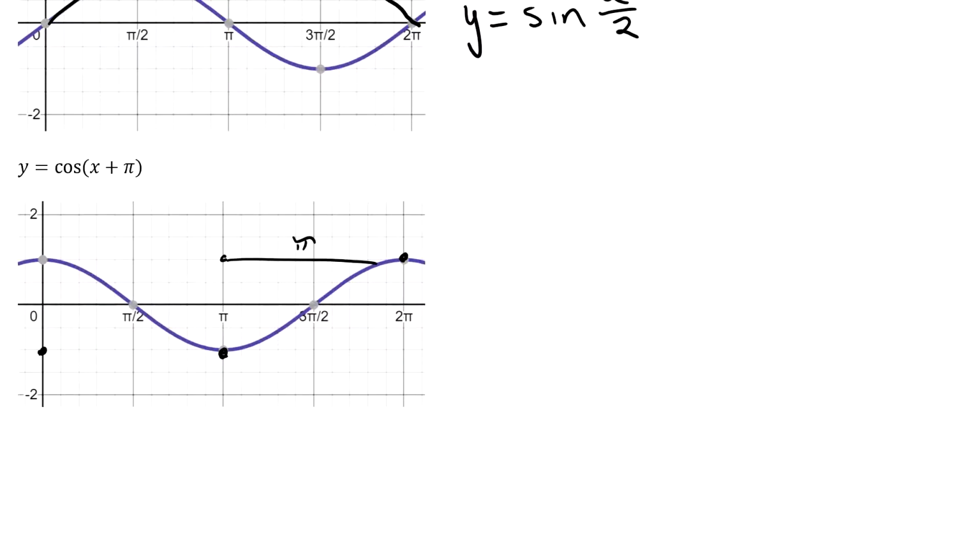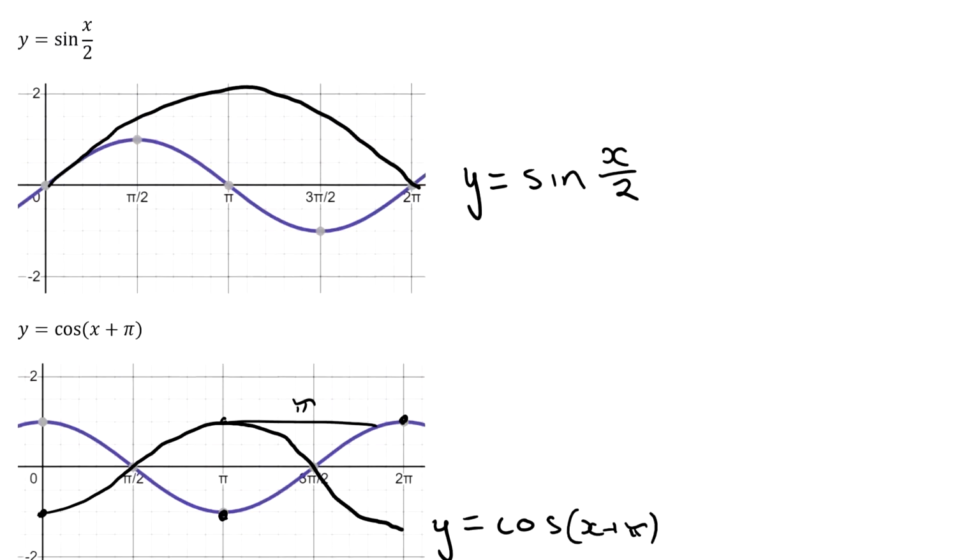All right, that is a pi difference. So our wave looks something like that. So remember, if your change is inside the brackets here, we know that is going to be a horizontal translation or a phase shift.